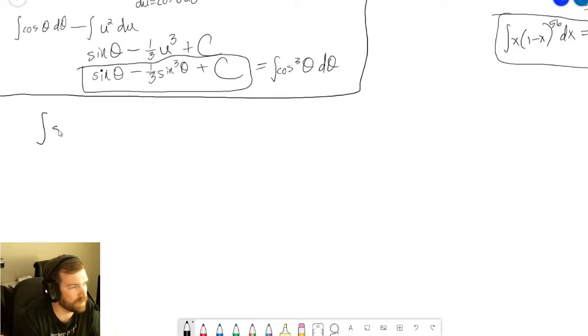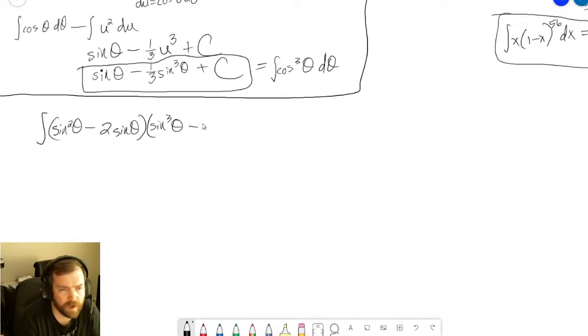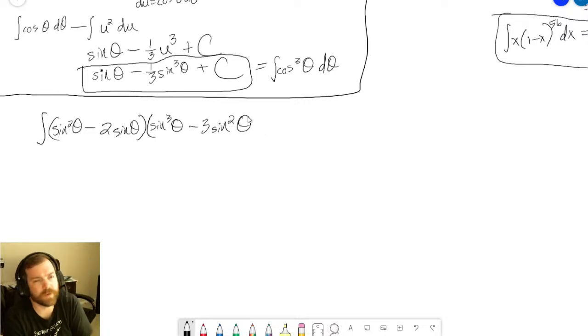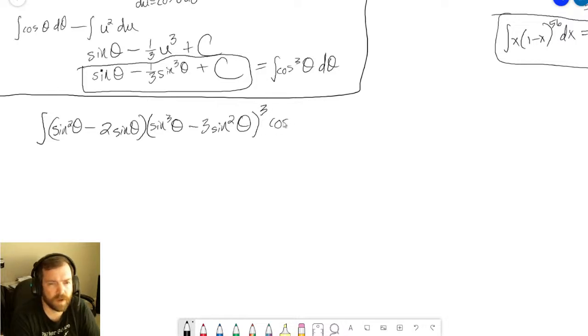So integral of sine squared theta minus 2 sine of theta times sine cubed theta minus 3 sine squared of theta parentheses cubed cosine of theta d theta.